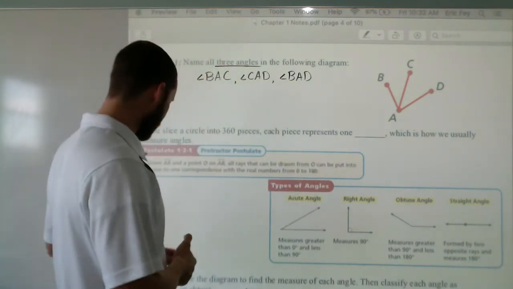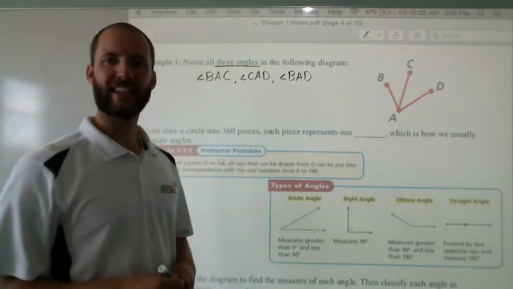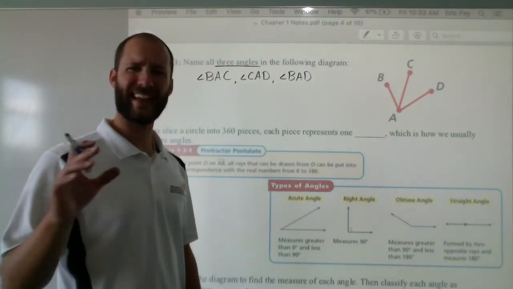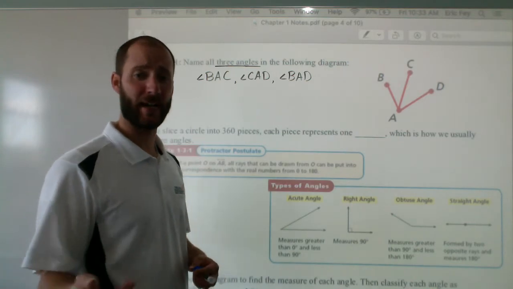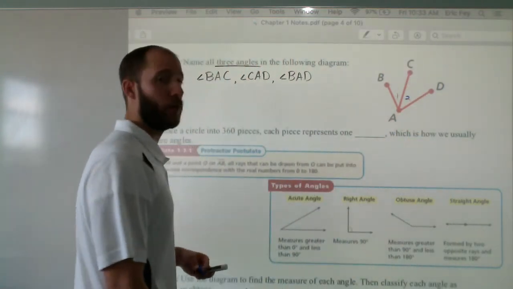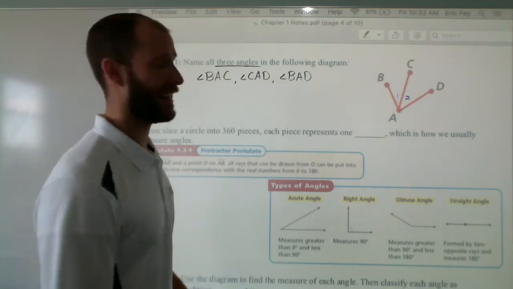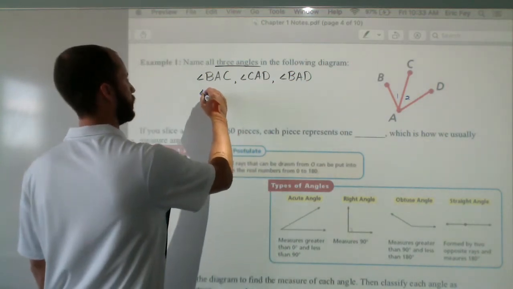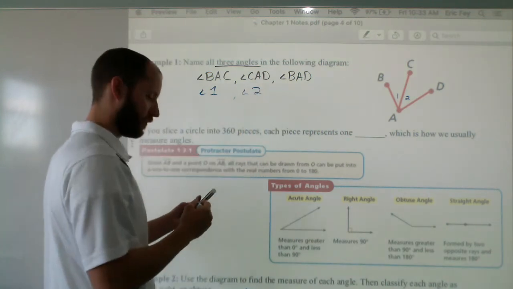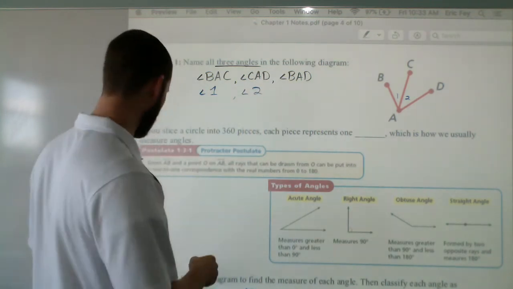Now here's the thing, I really like numbers. I like numbering the angles, because then I don't have to do the whole three points thing, because that can get a little overwhelming at times. So I can just go and put some numbers in there. I can annotate this diagram. So angle 1 and angle 2. Those are options for you as well.